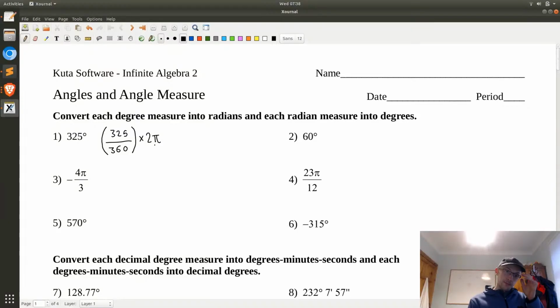Okay, so we could type in all of that on our calculator, but don't. Avoid that instinct. Instead, try to go as far as you can just with your knowledge of numbers, and only at the very end approximate. So 325 over 360, what do they have in common? They have the common factor of 5.